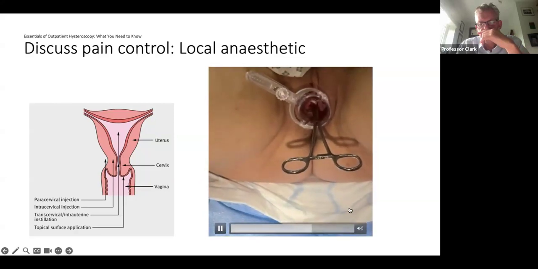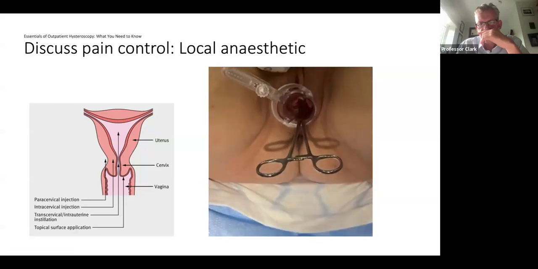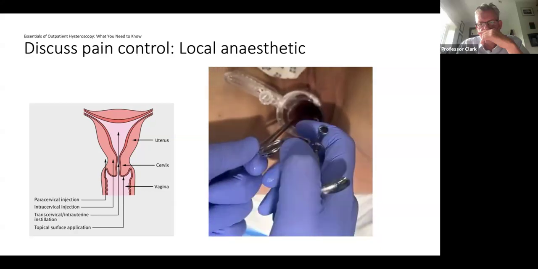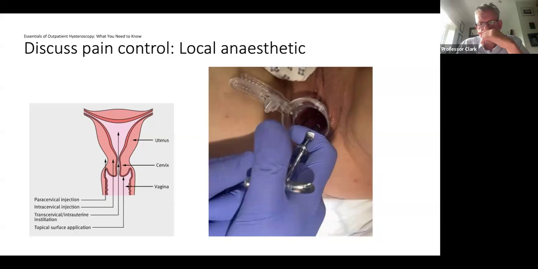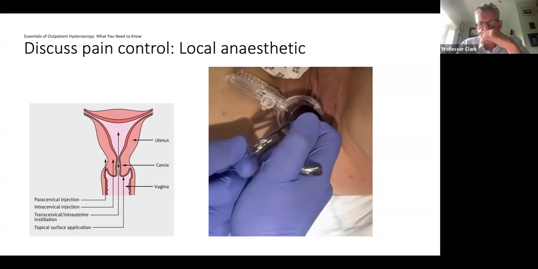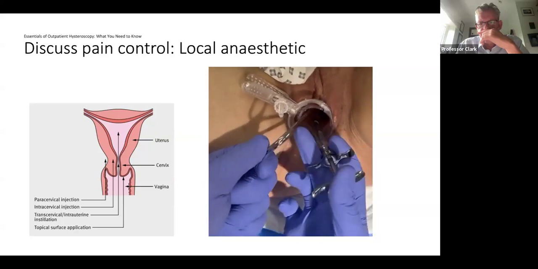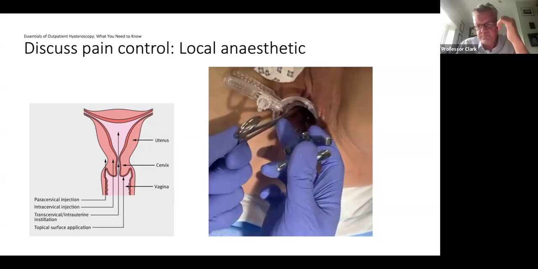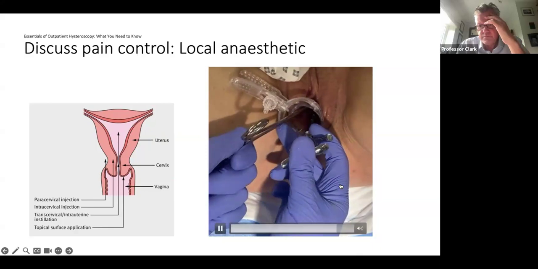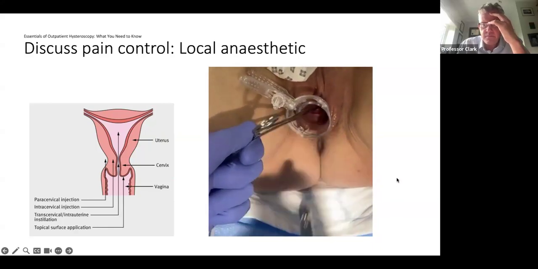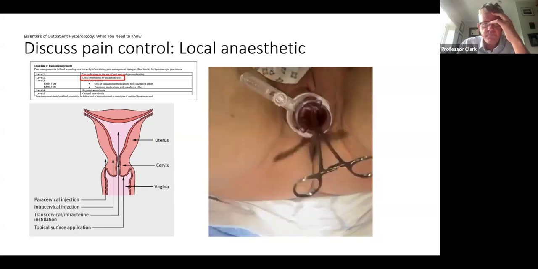And then we'll put half a vial in here at 3 o'clock. Then hopefully you can see, a bit tight here. Then all the way to the deepest part, and the final one at 9 o'clock here. A little bit tricky to access here because the cervix, you probably can see, is quite a retroverted uterus. Okay, and that's done. And the cervix is now infiltrated.